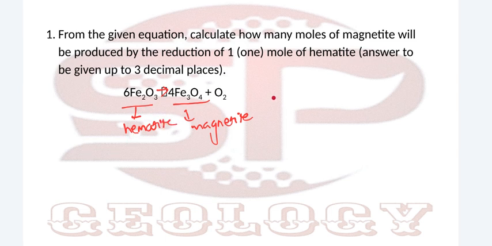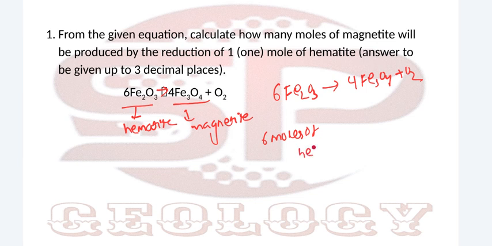In this equation, it is written 6 Fe2O3 producing 4 Fe3O4 plus O2. That means 6 moles of hematite produce 4 moles of magnetite. From this equation, you can see 6 moles of Fe2O3, when it breaks, will produce 4 moles of Fe3O4.